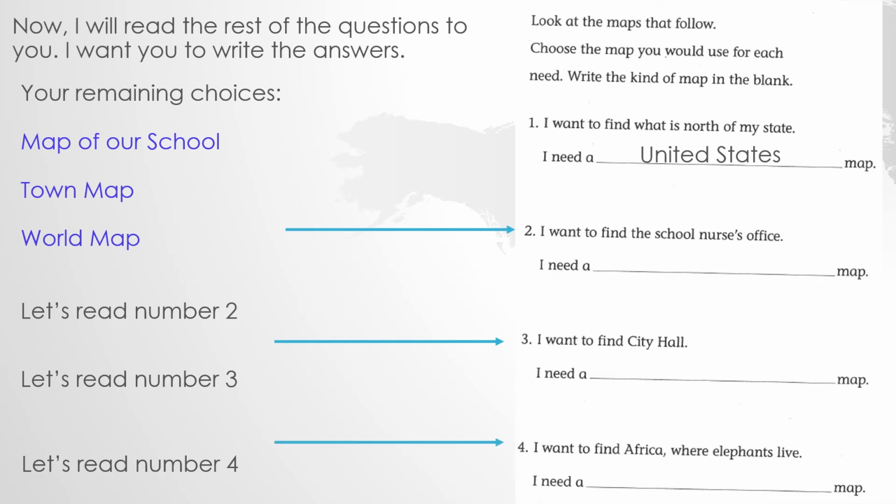Let's read number 4. I want to find Africa, where elephants live. I need a blank map. Do I need a map of our school, a town map, or a world map? Write your choice for number 4.